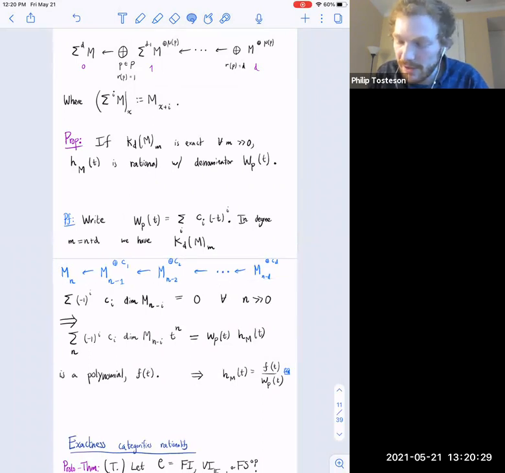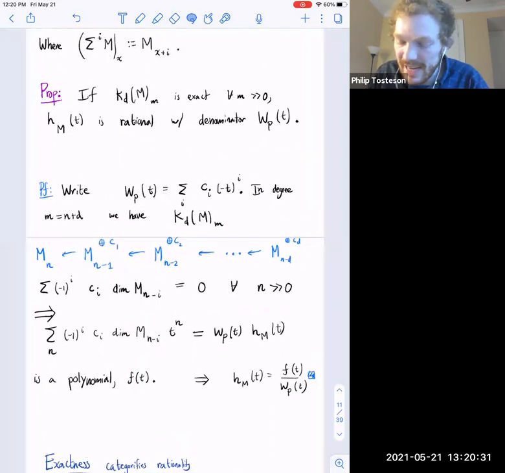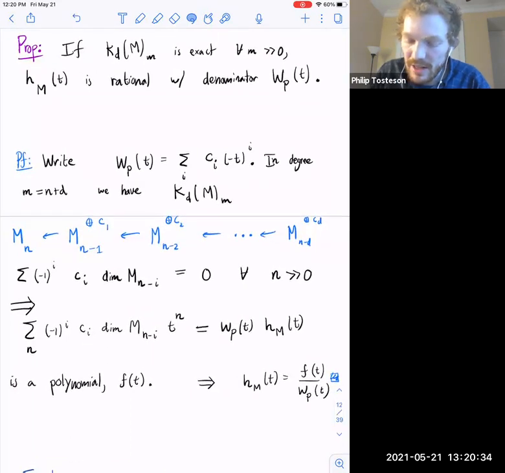So it looks like this. We have a complex that looks like this, and if this complex is exact for n sufficiently large, then the alternating sum of the dimensions is zero. So we get this equation. If we add up this equation times t to the n, then we see that WP of t times HM of t is equal to this quantity, which is 0 for all n sufficiently large, which means that this is a polynomial f of t.